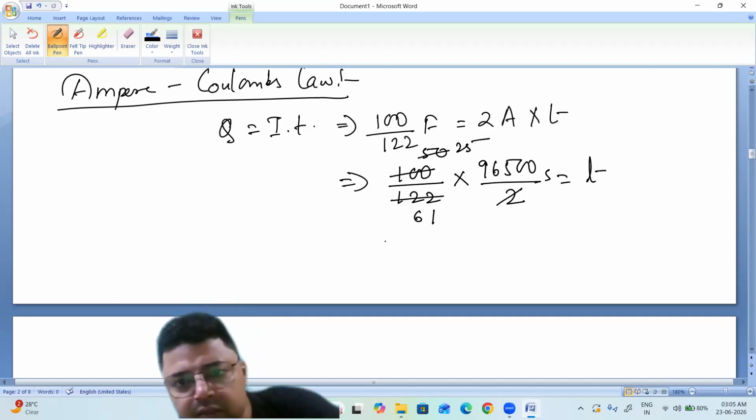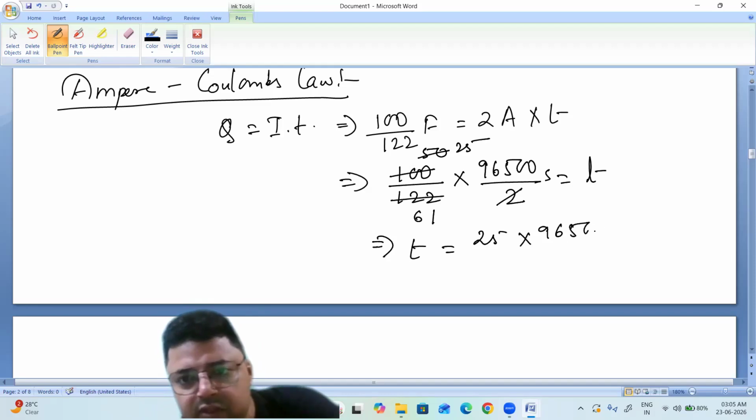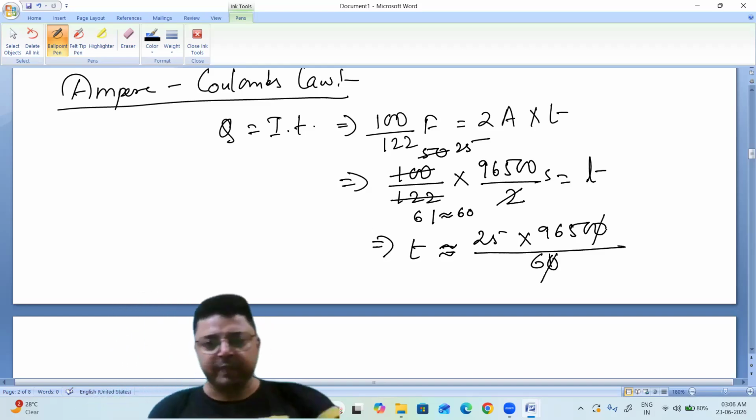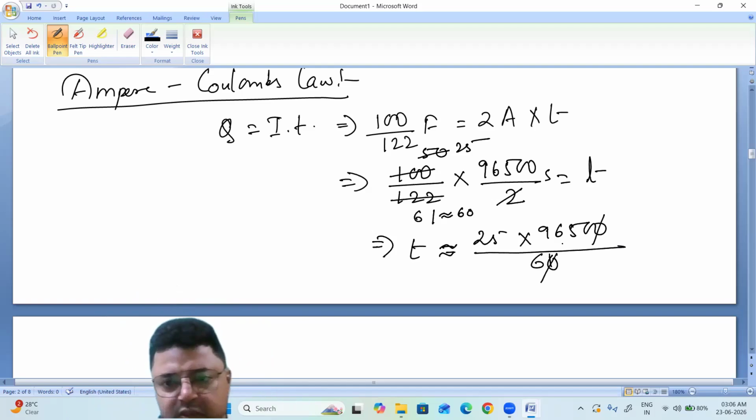Now T equals to 25 times 96500 over 61. The 61, you can take as approximately 60, just for the sake of calculation. So it will be 9650 by 6.